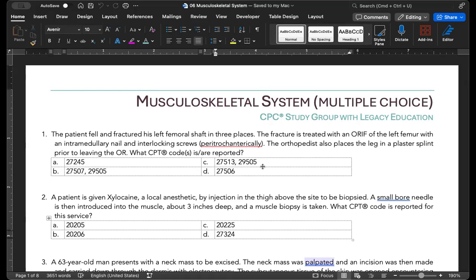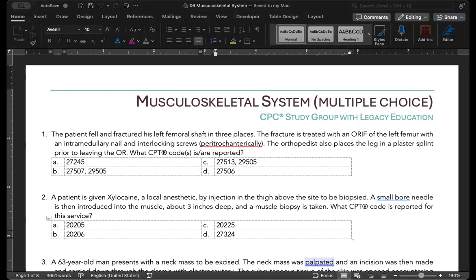So when we're looking at this from the alphabetic index standpoint, for fracture treatment, instead of looking at the type of treatment that is being done, it's always easier to look at the main term fracture and then the location of the treatment. Then we'll narrow down our codes from there.